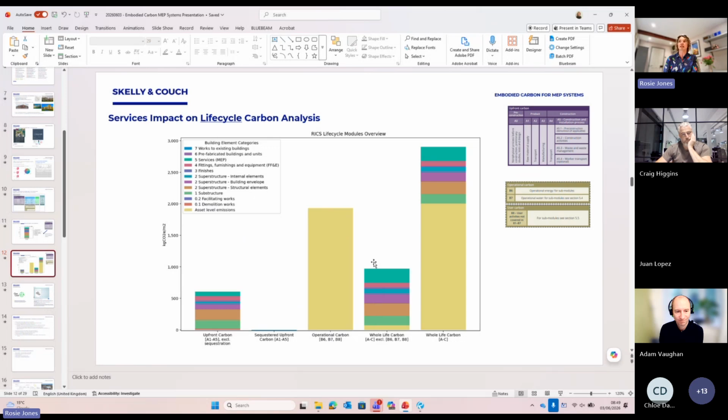That's where the services are beginning to have a 20-30% impact. And this is what we're catching up to. We're exceedingly proficient in the operational carbon aspect, we're getting more proficient in the upfront embodied carbon, and we're getting to grips with the whole life carbon.